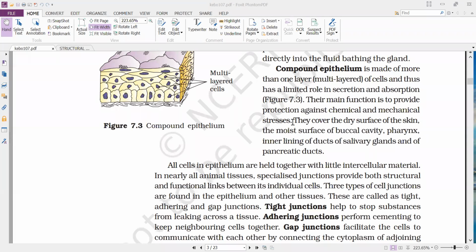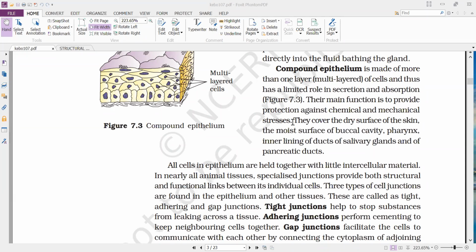They cover the dry surface of the skin, the moist surface of the buccal cavity, pharynx, inner lining of ducts of salivary glands, and of pancreatic ducts.